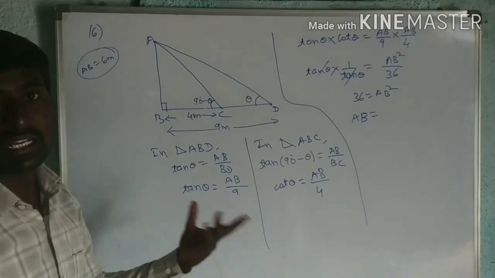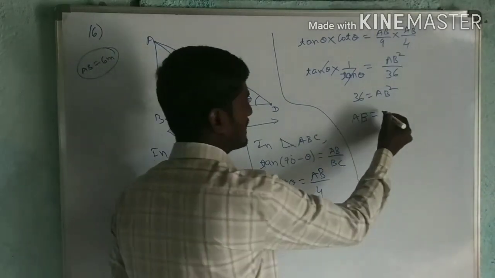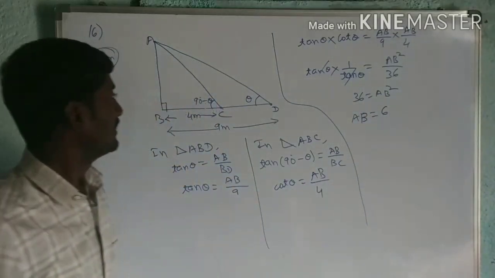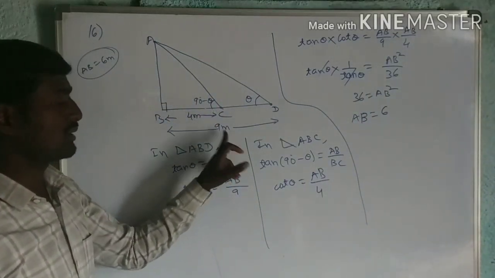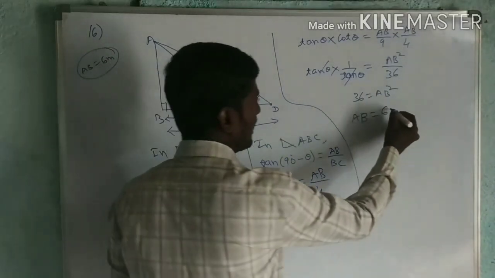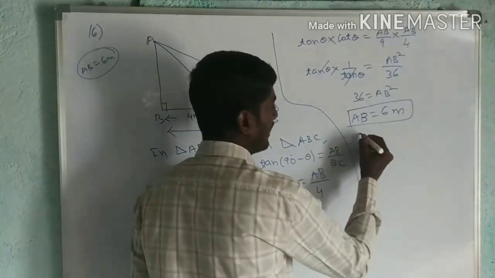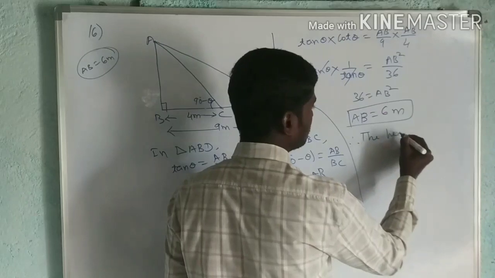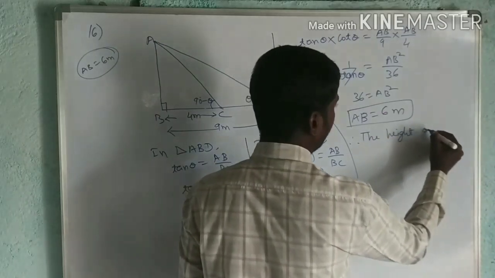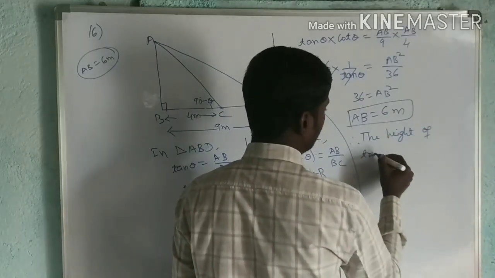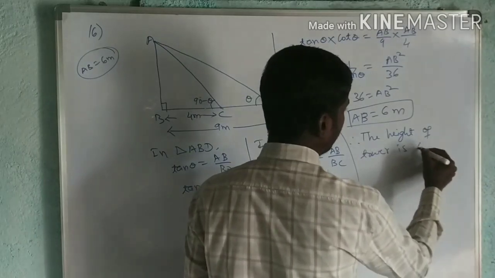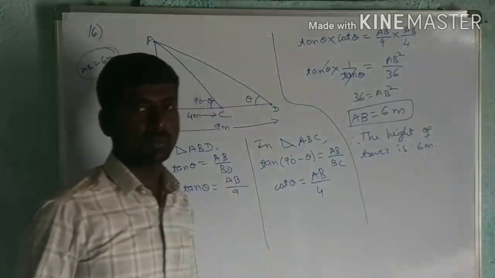It cannot be negative. Okay. So AB must be 6. That too in meter, because they have given distance in meter. That is AB is equal to 6 meter. Hence proved. Therefore the height of the tower is 6 meter. Okay. Hence proved.